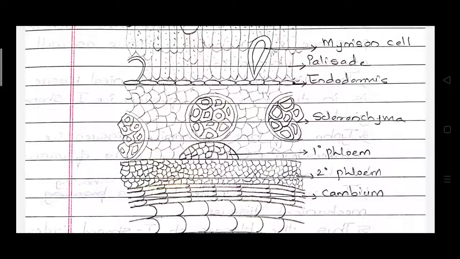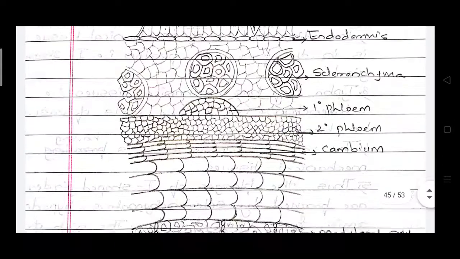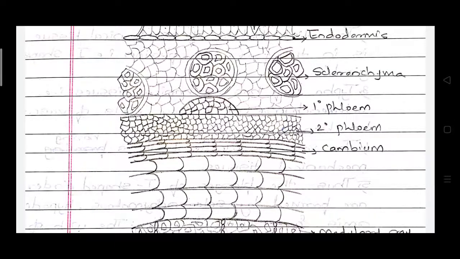Then there is the cortex region. In that there are some sclerenchymatous patches, and next to this layer there is the phloem region. In this phloem, at the outer side primary phloem is there, and at the inner side secondary phloem is there.